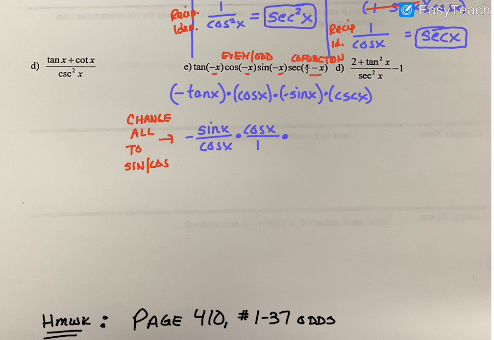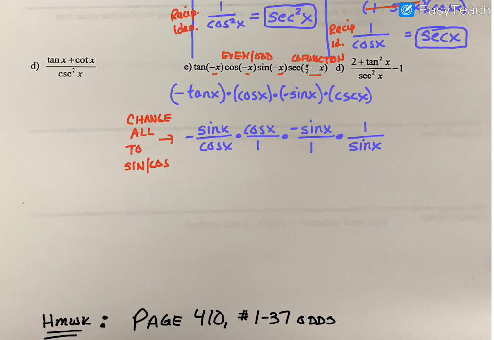Times negative sine x. Well, that's already sine cosine. I'm going to make it a fraction, put it over 1. So negative sine x over 1. And lastly, cosecant x. What do we know about cosecant in terms of sine and cosine? It is the reciprocal of sine x. So I can make that 1 over sine x.